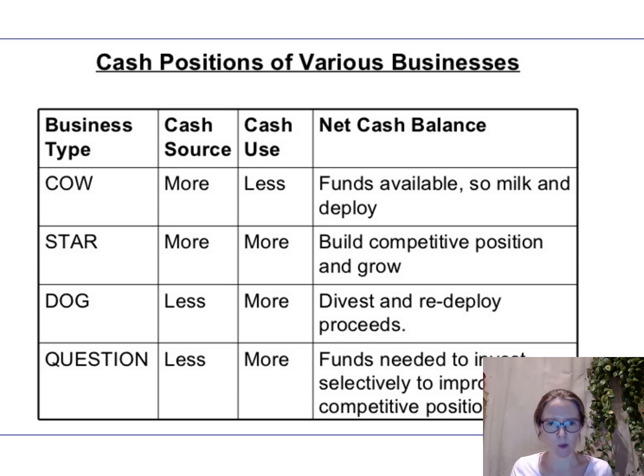Whereas compare that with, for example, the question marks, cash source is low and their cash use is more. So funds need to be invested selectively to improve competitive position. So we can see that we can map these different types of businesses against their cash source and their cash use, and it will tell us what we need to do in terms of the strategies that we need to employ.